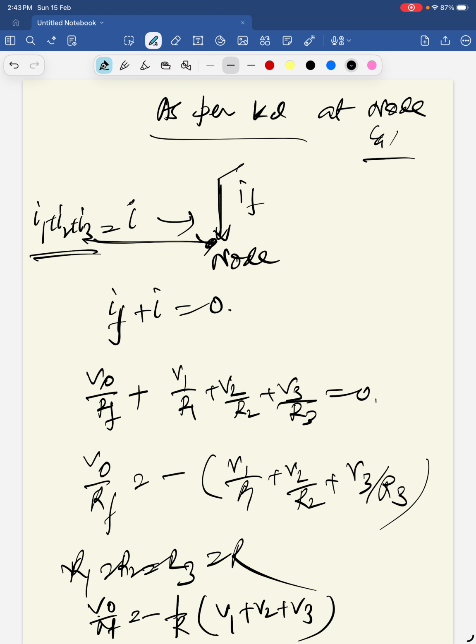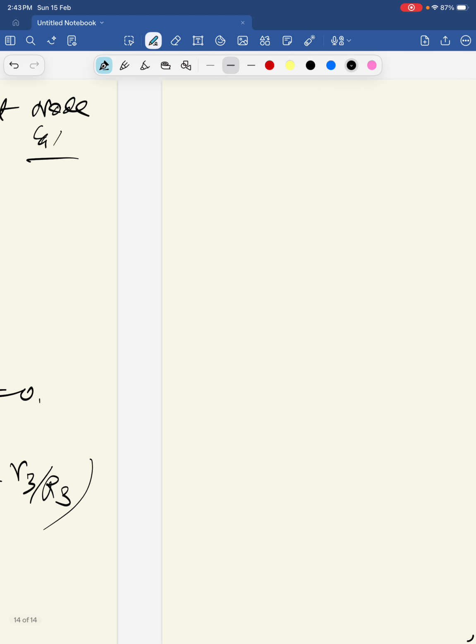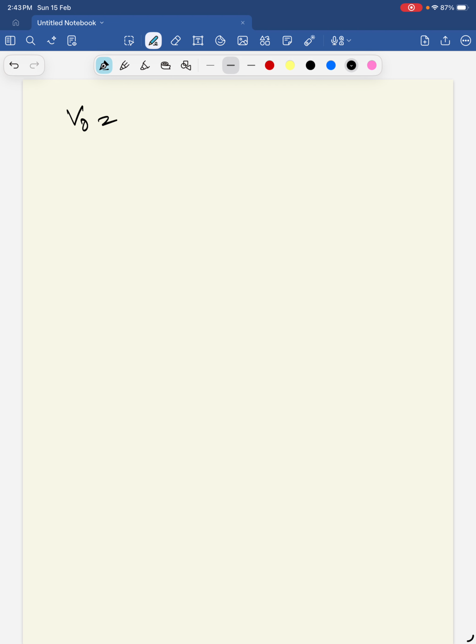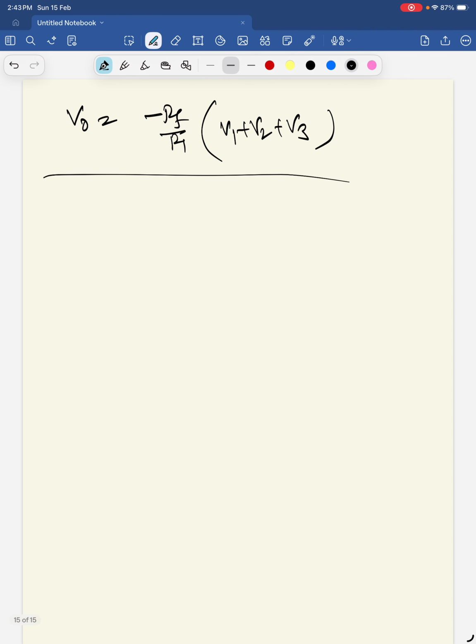So now if you write V0, then RF will go this side. So V0 is equal to minus RF by R times V1 plus V2 plus V3. So simply it's addition. So we are getting the addition of the input voltages. So that's why the name of the circuit is adder circuit.